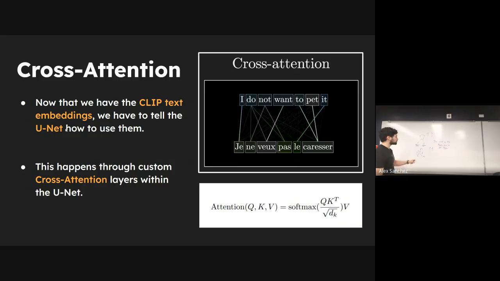What cross attention is, is that we do the same type of operation, but on different data types. In this case, it would be English and French, right? We know just through language that a word by word translation doesn't result in a sentence that makes sense in the other language. So we still need this kind of attention, but then when we get onto the other data type, we have cross attention.